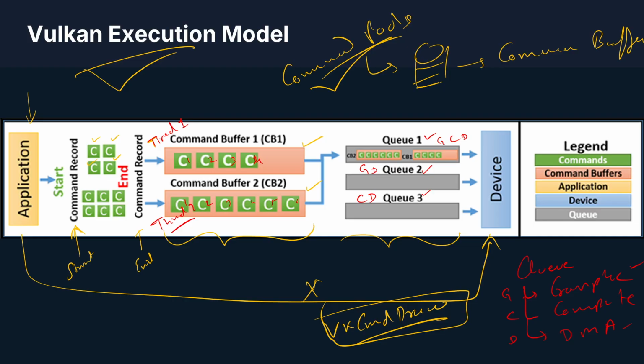This is how the execution model works. Once we have recorded the command buffers, we send them into the queue, and the queue keeps the command buffers in a sequential manner. That means if CB1 is sent first, it will be executed first on the device, and command buffer 2 later.